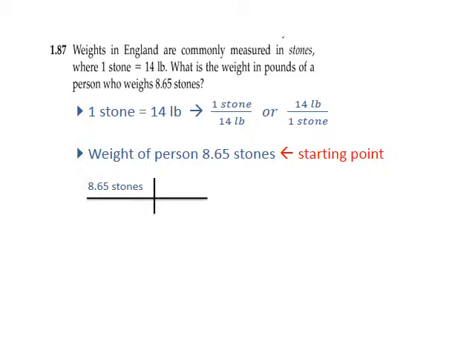Okay, so I've got 8.65 stones to start with. That means in the denominator, the downstairs portion of the next cell, I've got to have stones there. And I've set up my conversion factors, and it looks like the right-hand one, the 14 pounds over 1 stone, is what I need to be using there. So I'm going to plug that second conversion factor in there, and I've got 14 pounds over 1 stone.